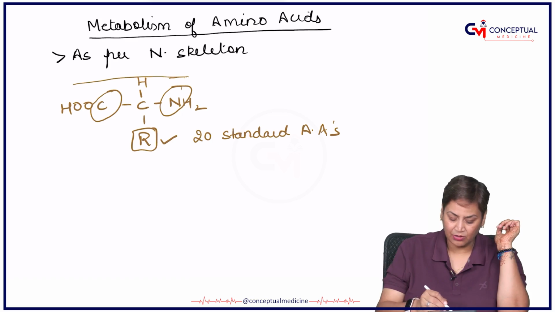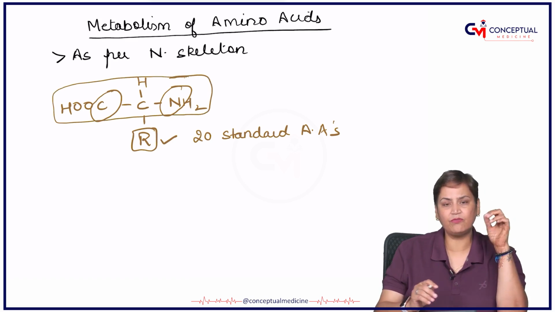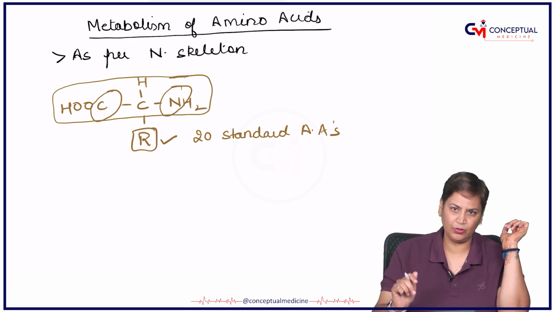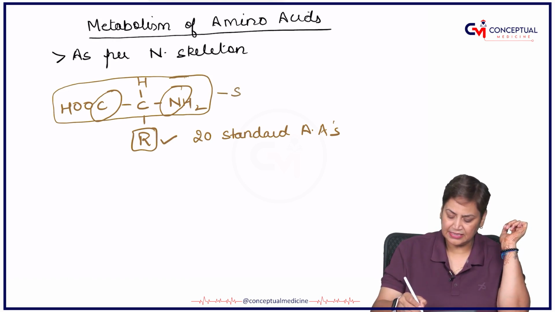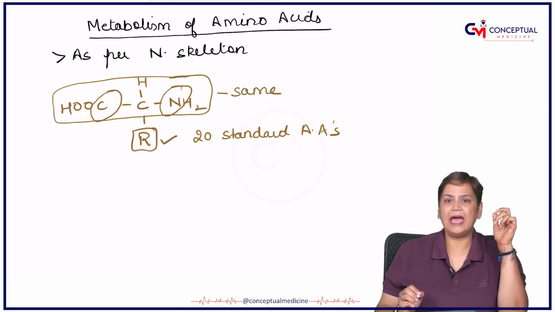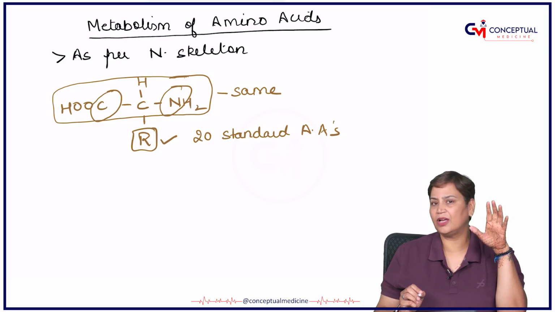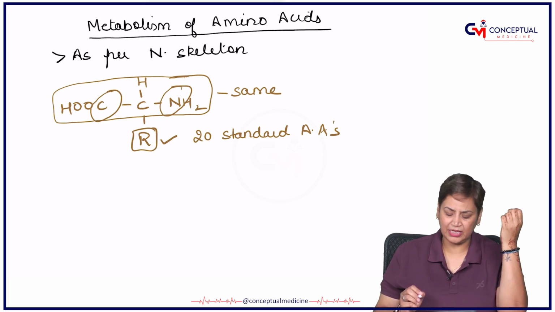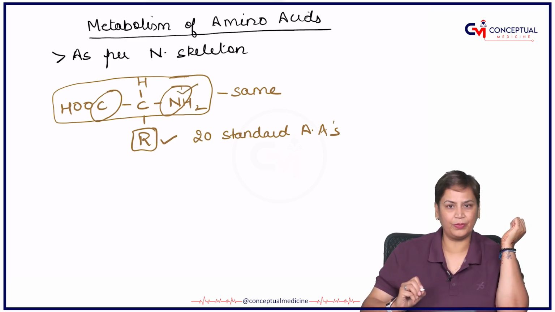Because this particular structure will be the same for all the 20 standard amino acids. And amino acids are the only macromolecules, because they form the proteins, which have this amino group in them.